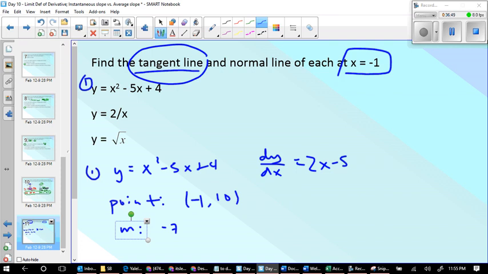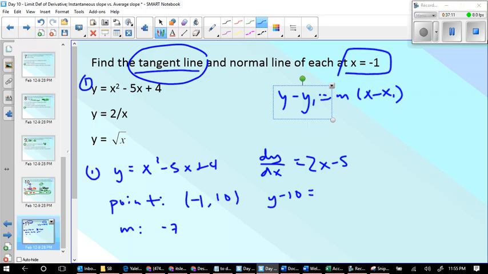Okay, and then I want to throw this into the equation of a line. The very best way for you to write equations of lines in this class is point-slope form. Do you remember point-slope form? Point-slope form is y minus y1 equals m(x minus x1). Okay, that is the best way to write it because you are least likely to make any mistakes.